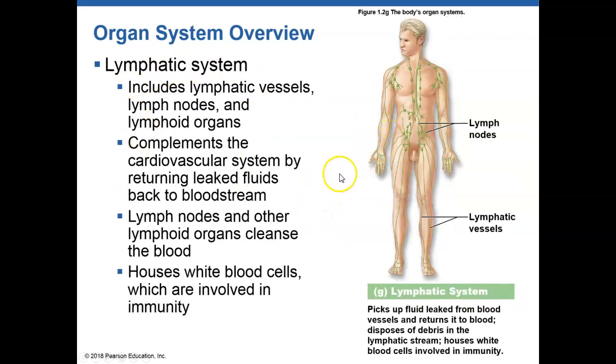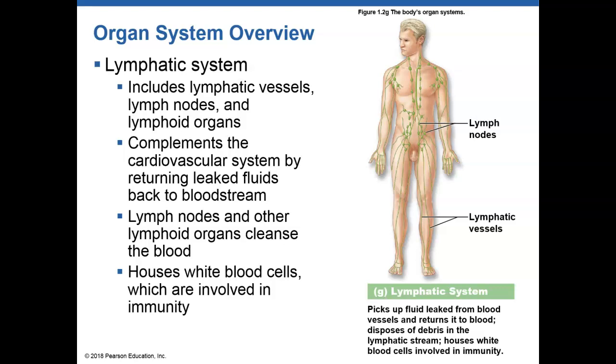The lymphatic system is a series of vessels that run very closely with our blood vessels. Lymphatic organs, including your lymph nodes, your spleen, and the thymus, which, again, is also a lymphatic organ as well as an endocrine organ. I should have mentioned that before.